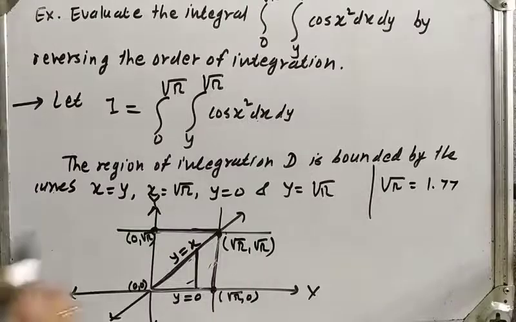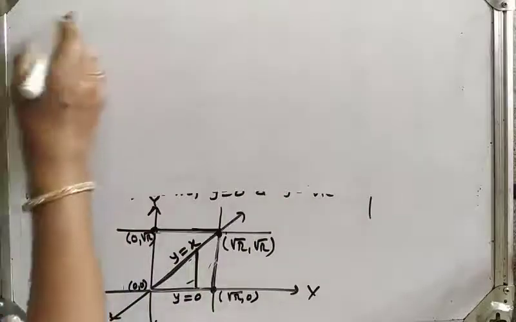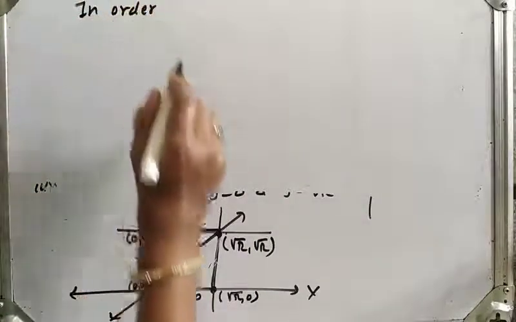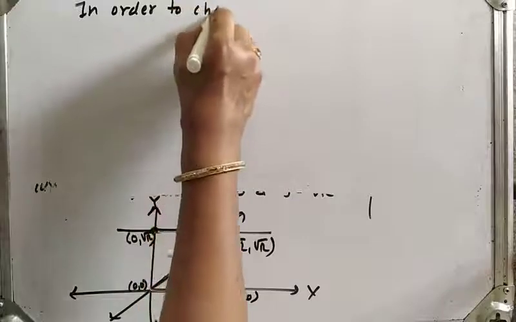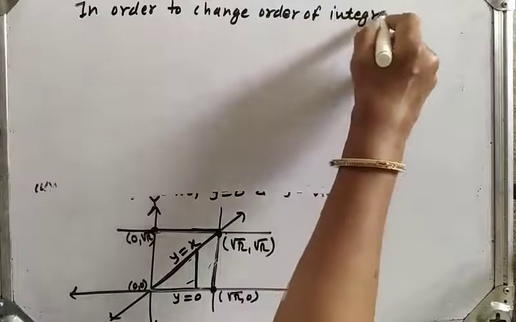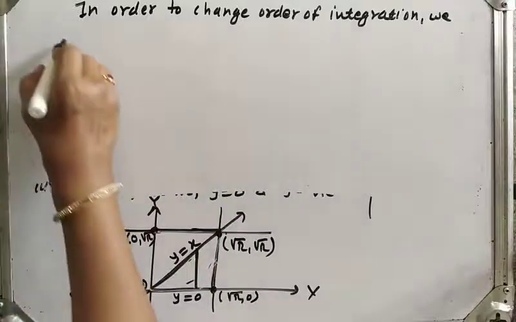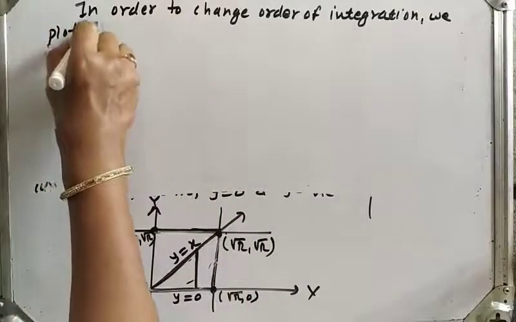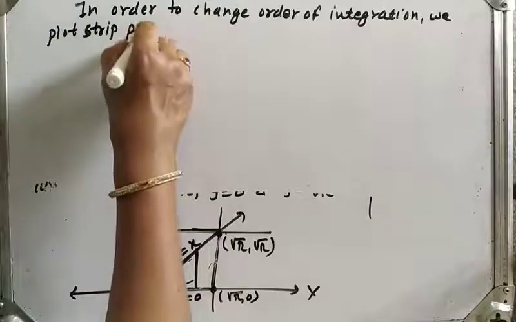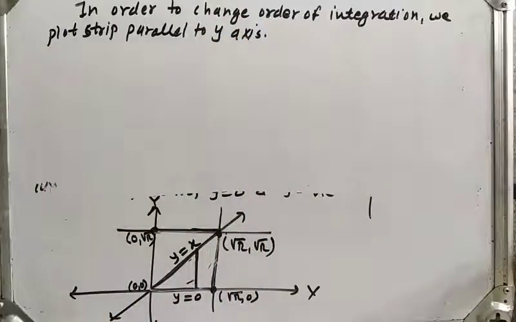Now in order to change the order of integration, we plot the strip parallel to y-axis, because in the given integral the strip is considered parallel to x-axis, we have to reverse it, so we draw the strip parallel to y-axis.